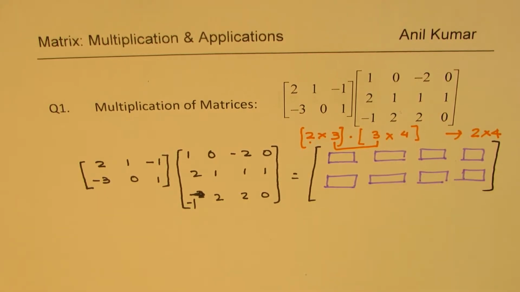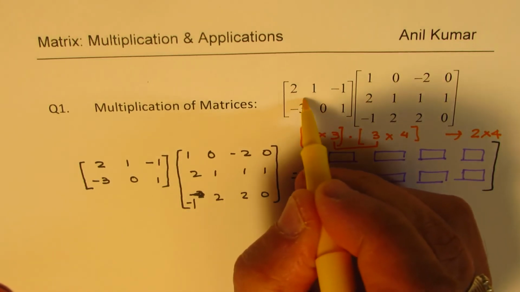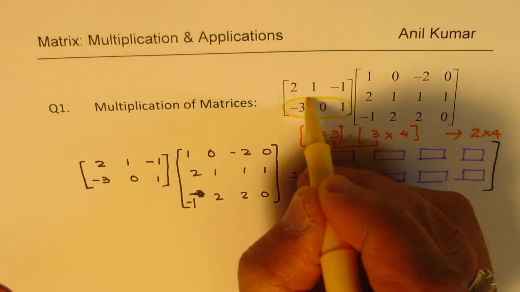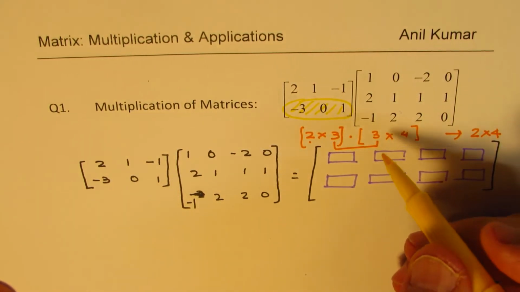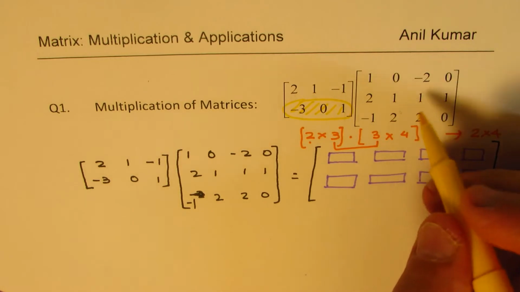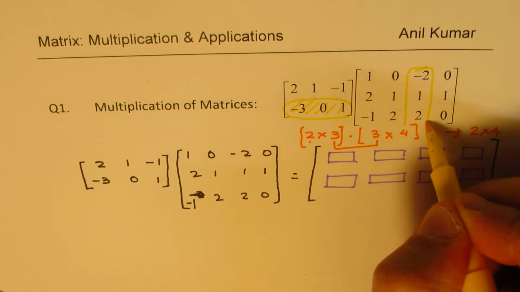How do we get each of these elements? Well, the process is kind of like this. We can pick up the row number. So for example, this is second row, right? Let's say we pick up this row. And if we multiply the second row with the third column, right?